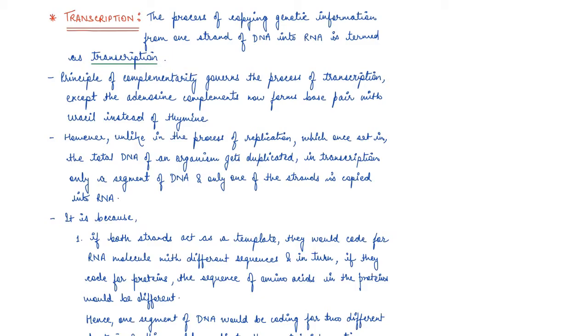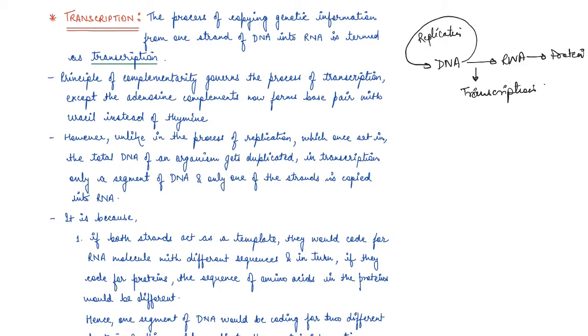If you remember the central dogma, it was DNA, which keeps on replicating itself, and this DNA converts into RNA and this converts into protein. So this process of conversion of DNA into RNA is transcription.